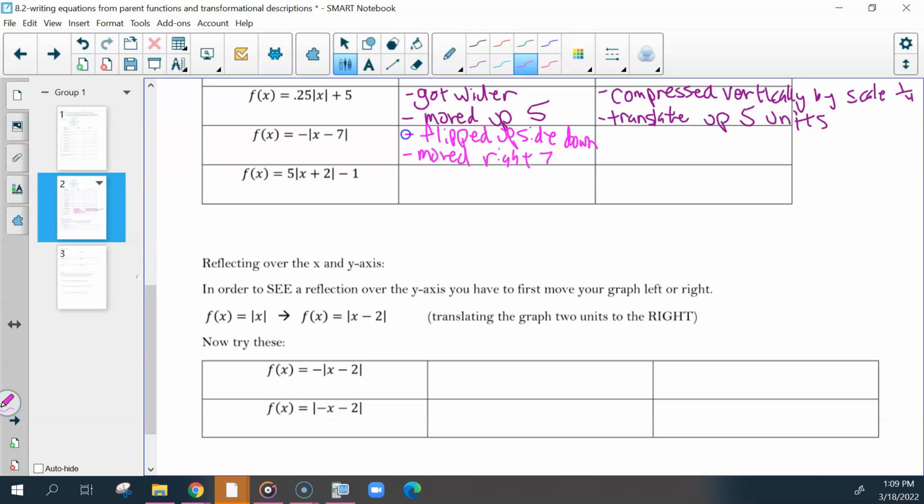So I'm going to put my rules that relate to this. So this would be a reflect over x-axis and translate 7 units to the right.